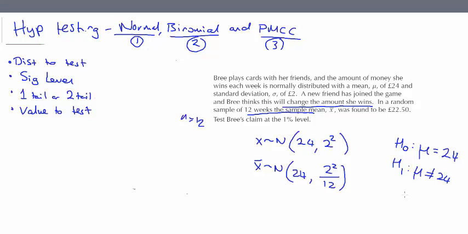So that's the distribution we're actually going to test. And this is our observed value: the sample mean was found to be 22.5. Sometimes they could mix it in, so they could have said they played 12 weeks.